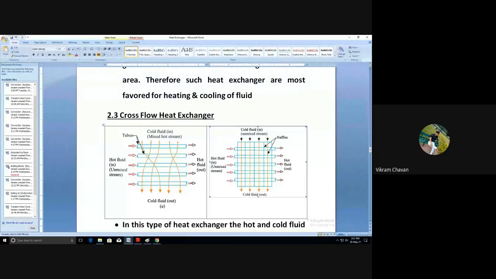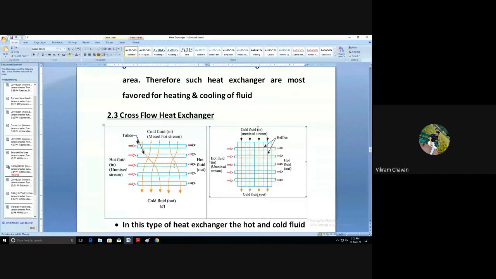The fluid is already allowed to mix, so a uniform temperature will be there at this particular location. We'll get the same temperature at this location also, and at this location also. But the temperature will change in the flow direction. At one cross section we will get the same temperature, but this temperature will be different from the temperature at another section.